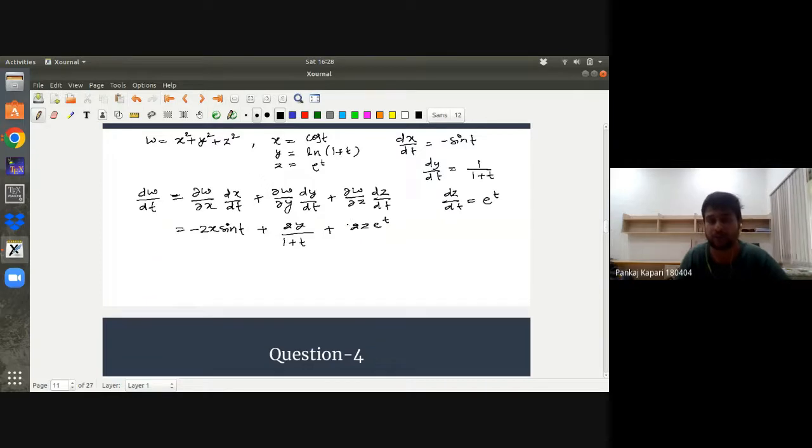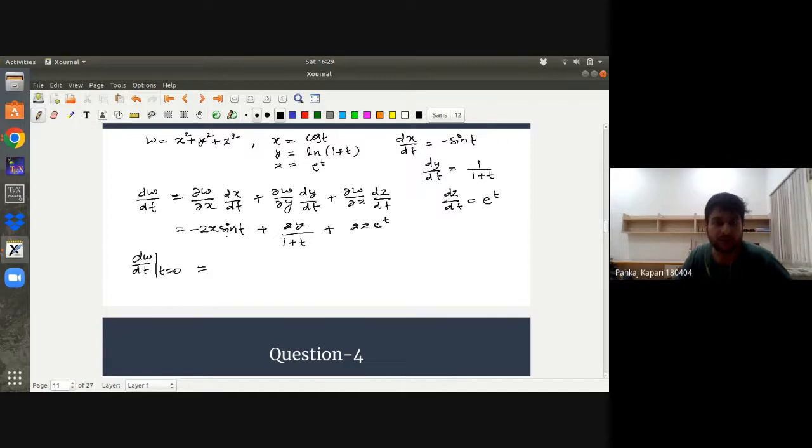So we got this expression, but we have to find dw by dt at t equal to 0. So we just put t equal to 0. What is the value of x at 0? The value of x at 0 means cos of 0, and cos of 0 is 1.